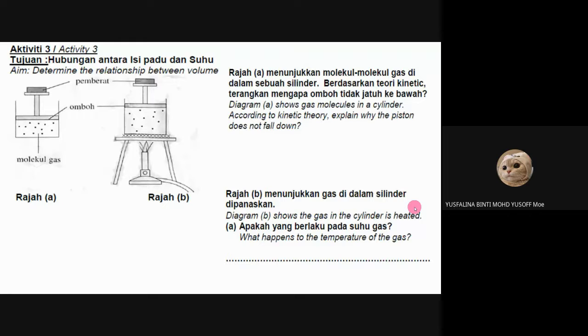You already learned the formula P1V1 equals P2V2. The graph of P against V is inversely proportional, while P against 1/V is directly proportional. For PV against P, the graph is constant. So you learned how to calculate using Boyle's law.